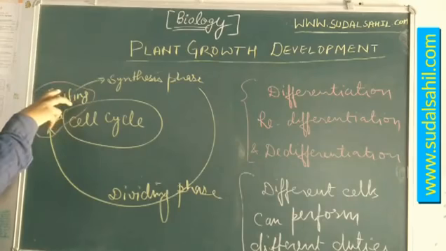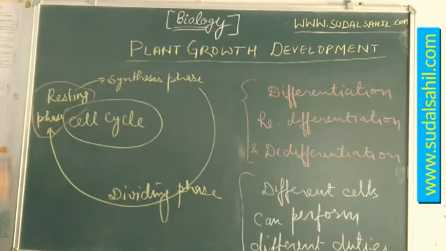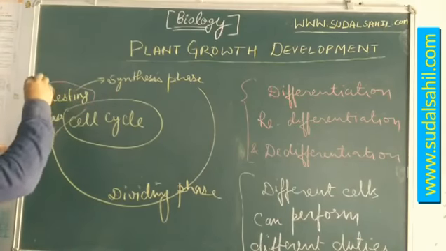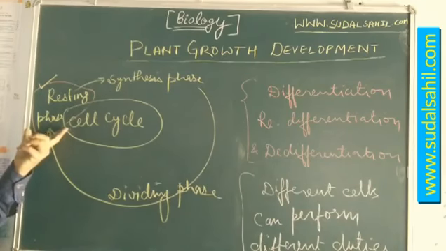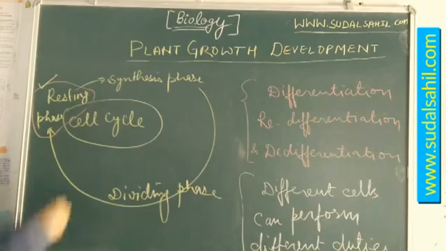Today we will discuss the resting phase. Some of the cells get trapped in the resting phase and always remain there. So totipotent cells or stem cells stay in the resting phase without destroying their ability to differentiate.